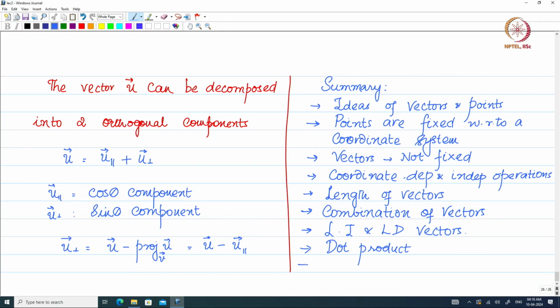Then we looked at finding the angle between two vectors in terms of cos theta, expressed as u dot v divided by the length of u into the length of v, and then we covered the idea of projections.